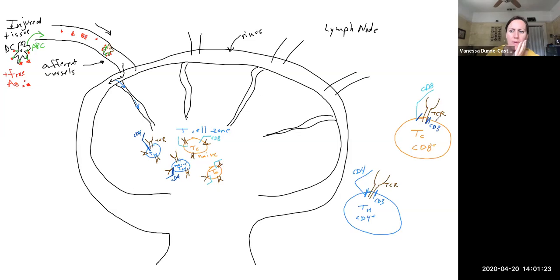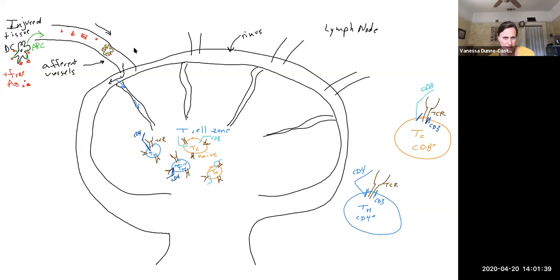All right, so this is what we're talking about, these two types of cells. We talked about these before and how their co-receptor provides them specificity as to which type of MHC compound and therefore which type of cell they can bind to and become activated.